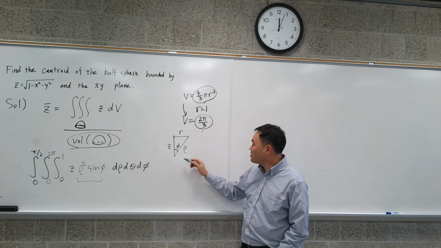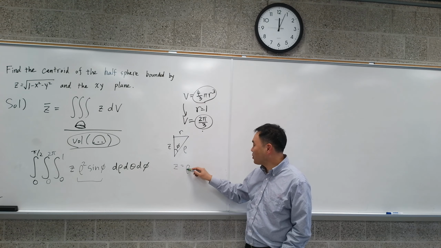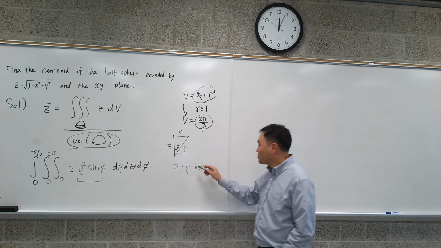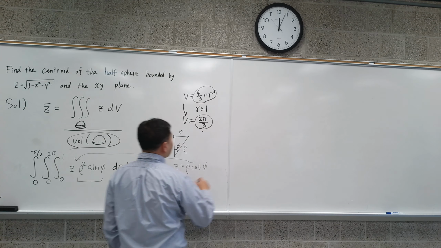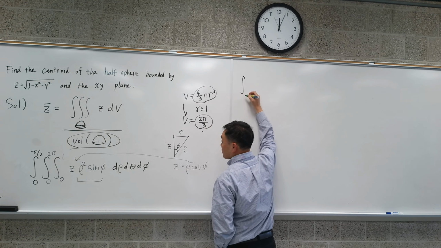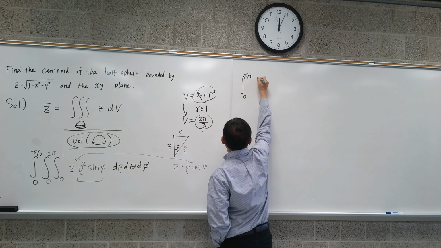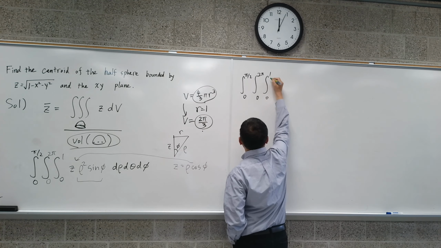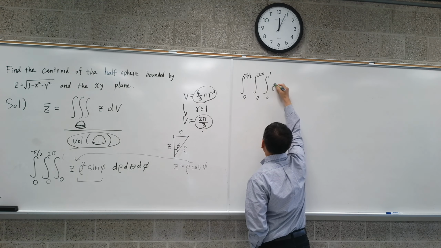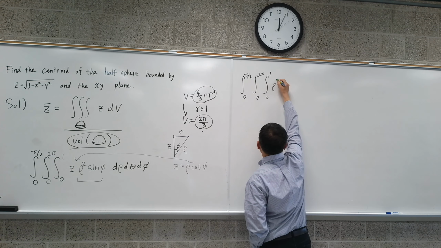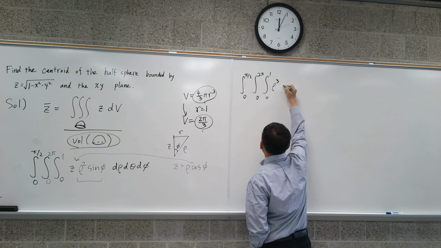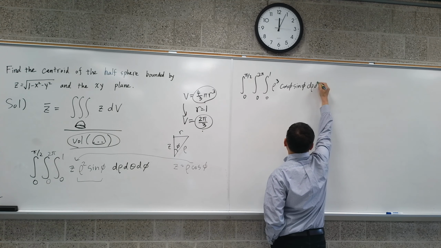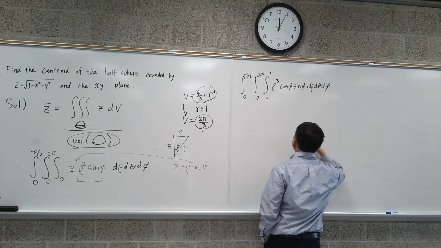All right. So what is Z? Z is rho cosine phi, right? Good. So I'm going to put that in there. And the result is that we need to calculate the integral 0 to pi over 2, 0 to 2 pi, 0 to 1, rho times rho squared, so it's rho cubed, and there's a cosine phi and a sine phi, d rho, d theta, d phi.